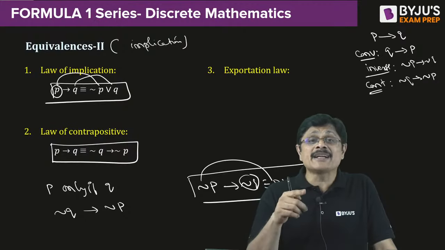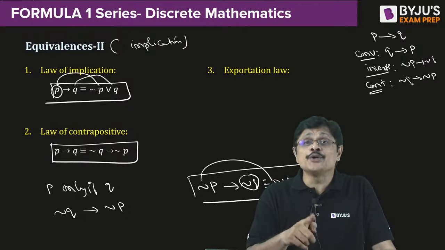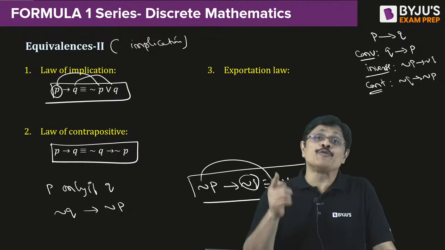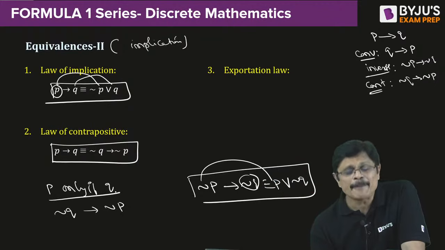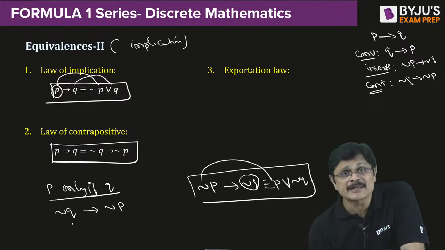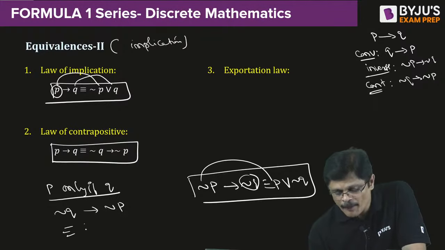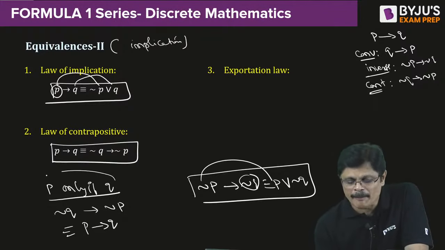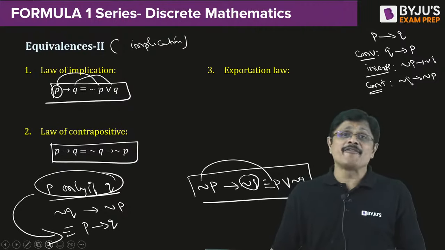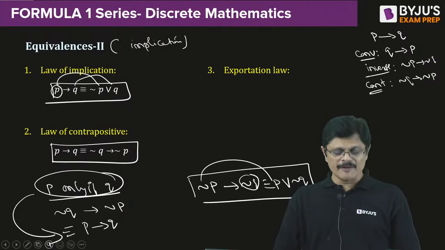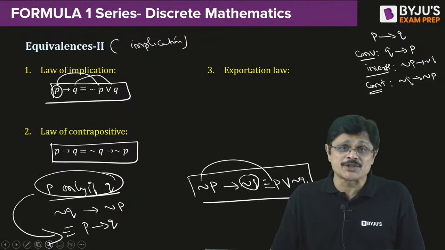What I mean is, if you don't respond, then I will not continue. So when I say P only if Q, we use it in the sense of negation Q implies negation P. But because of contrapositive, this is equal to P implies Q. Because of that, P only if Q has the symbolic form P implies Q, my dear friends.